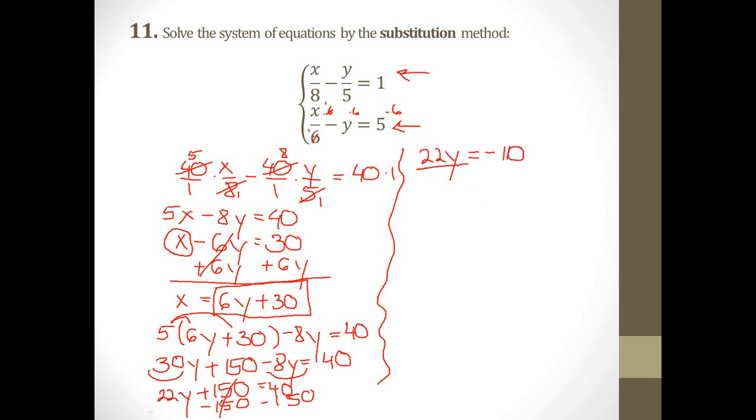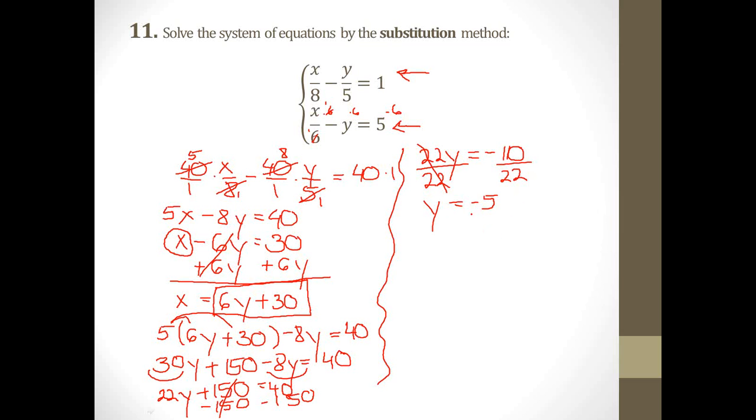Okay, last step. Divide by 22 on both sides to get y by itself, and y equals negative 110 divided by 22, which is negative 5. If you don't know it, you can do your side calculation or you can use a calculator, but we are not focusing here on dividing numbers. So our y equals negative 5.